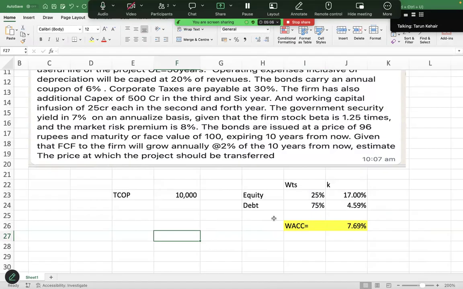Is that correct? सबको ये तो आया होगा, correct or no? So now next step is to put down the years. There are 10 years. So I'm going to put down the 10 years here, 1, 2, 3, and go up to 10.